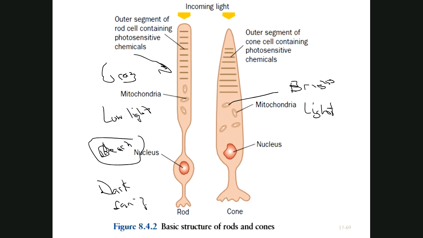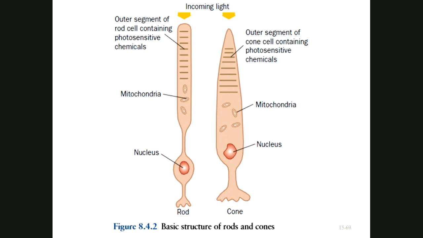But if you go outside at night, the cones don't work. And so if you've ever noticed, when you go outside at night, you don't see color. Even if you look at, say, a rose, that rose is not red. It's some sort of shade of gray because there's just not enough light. You need bright light for color.